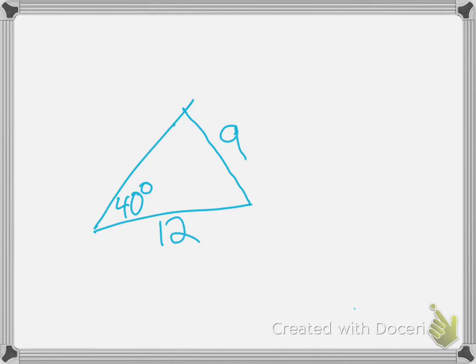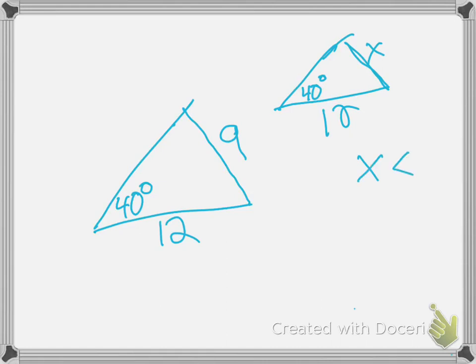So first thing we're going to look at is, I know that if this is 40 degrees and this is 12, then my x has to be less than 12. So 9 is less than 12, so that's one of our things.